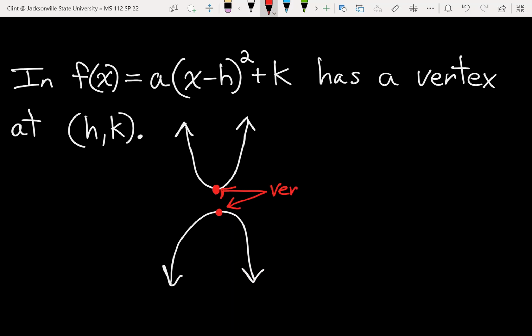So it's either the lowest point on a parabola that opens upward or the highest point on a parabola that opens downward. You can think about it as the bottom of the valley or the peak of the mountain. So that point would be the point h comma k.